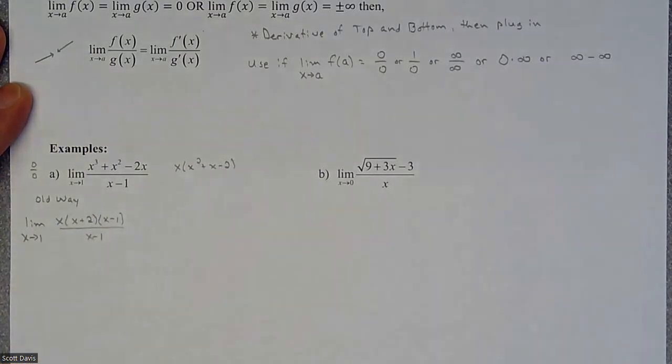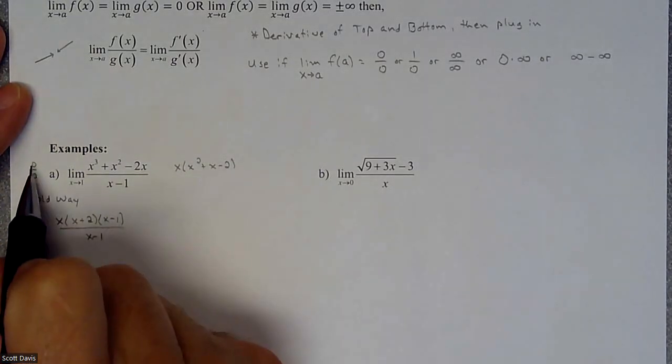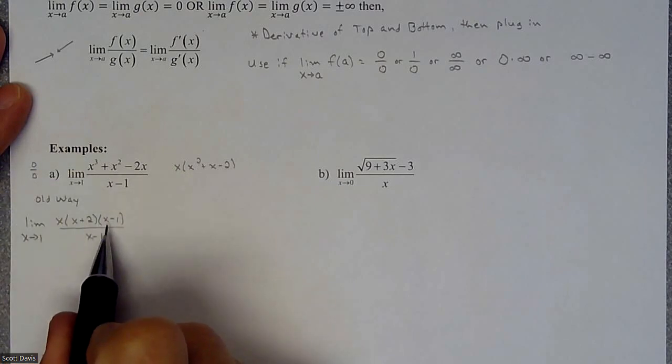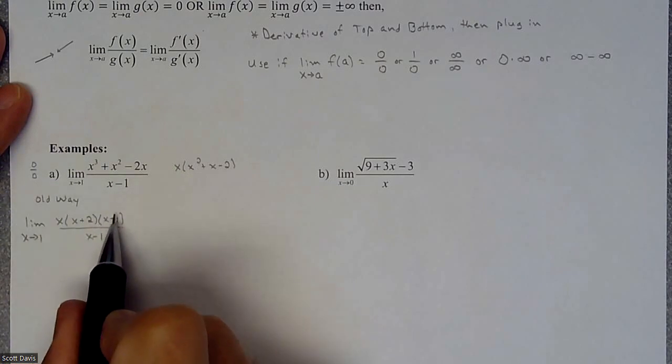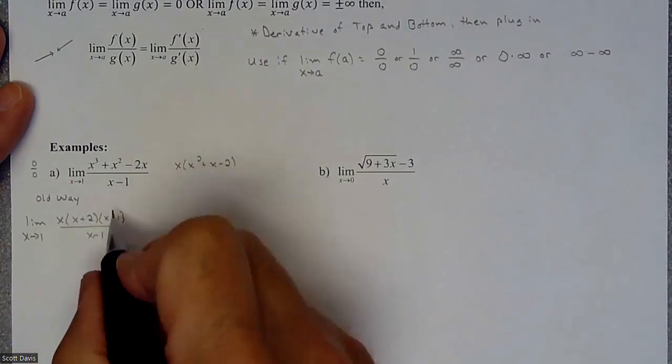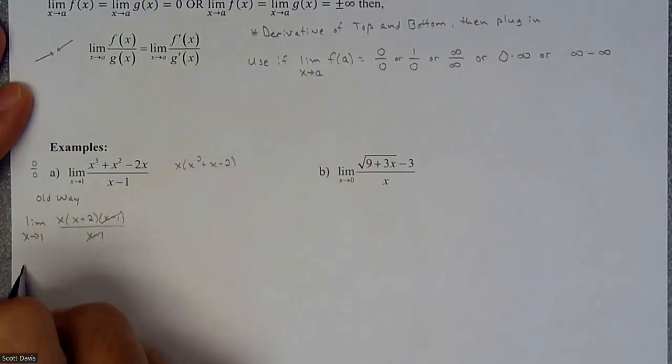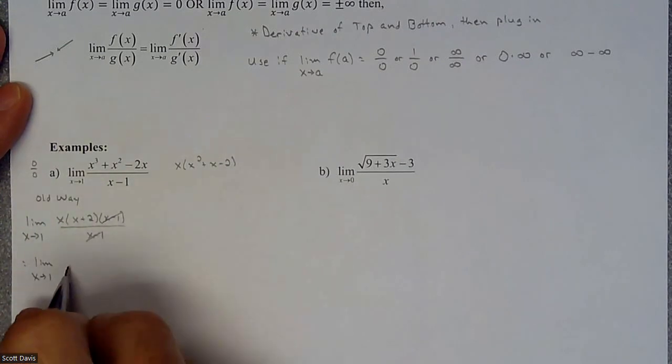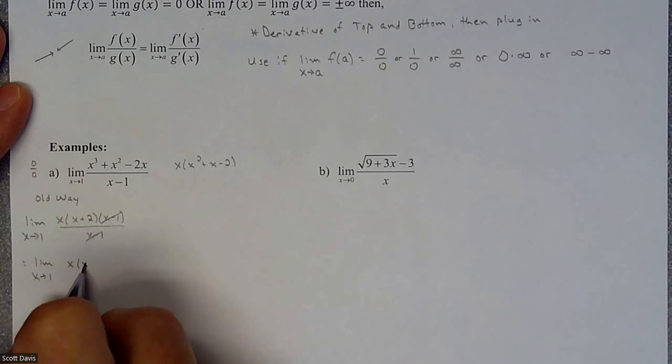And if you remember, the reason we had a 0 over 0 is because we had a common factor. That's what gives you your 0 on top, and that's what gives you your 0 on the bottom. So we canceled them out, and then we did the limit as x approaches 1 of x times x plus 2.